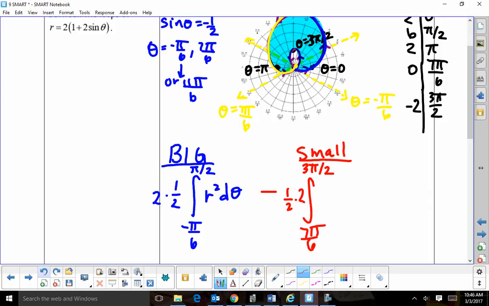If you didn't double it, if you just kept the 1/2, then you would have to go from 7 pi over 6 all the way until 11 pi over 6. Those were your 3 options.